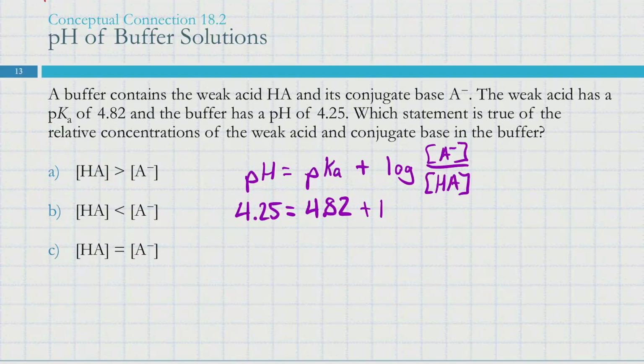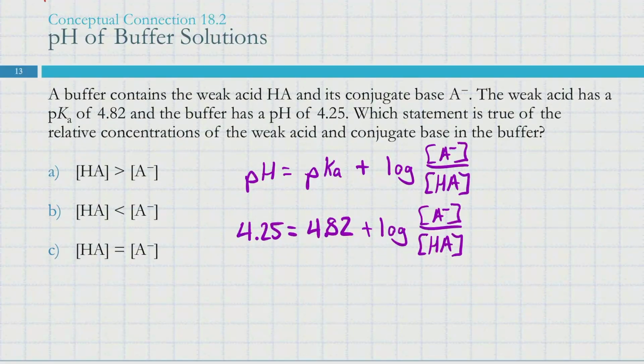And the log part is still there. Move everything else down. So we are looking for a situation in which the log of A- over HA is negative. 4.82 is bigger than 4.25. For these two things to be true, log A- over HA must be negative.